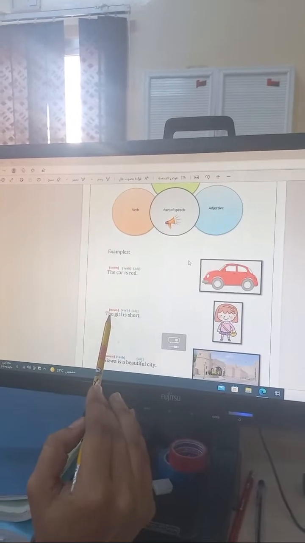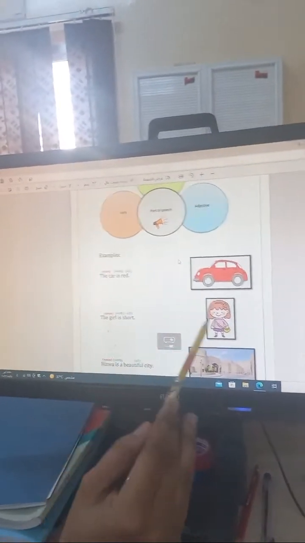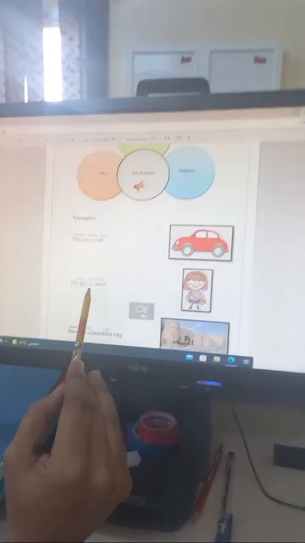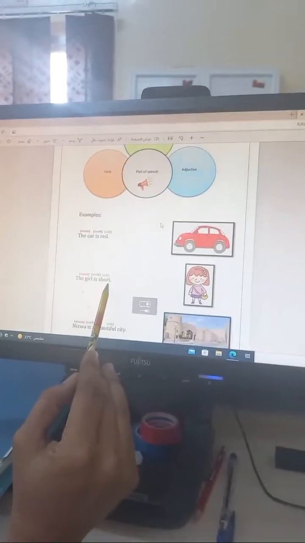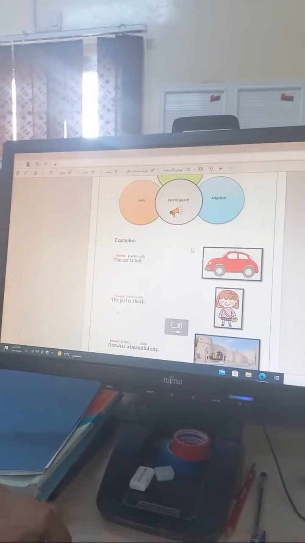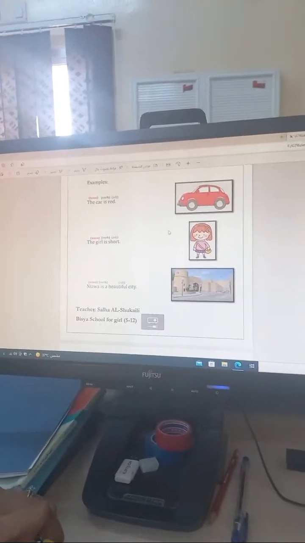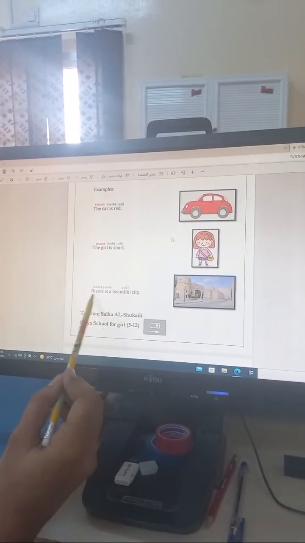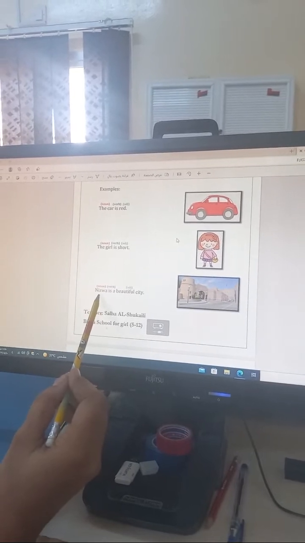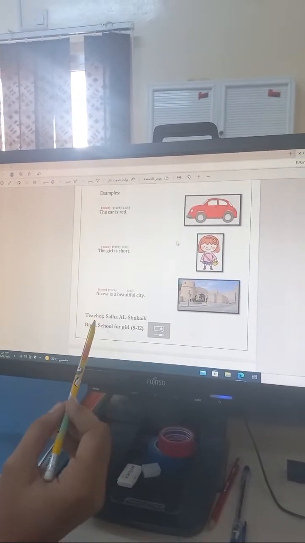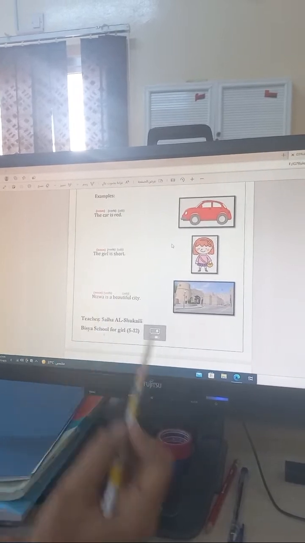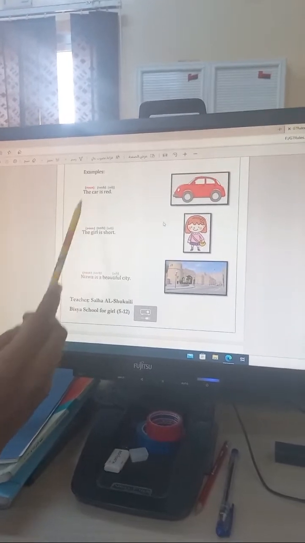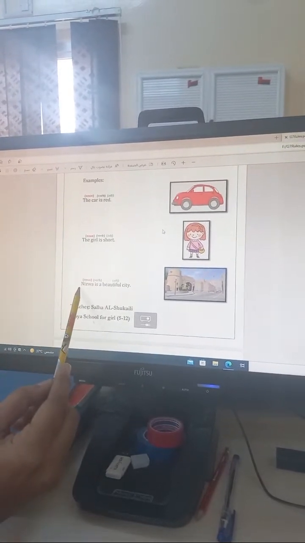So a noun could be the name of things, or the name of people. Is is a verb to be. Short is an adjective. Look here at the second example. Nizwa is a beautiful city. Nizwa here is a noun, but which kind of noun? Place. So I studied from these pictures the noun. It could be the name of things, people, or places.